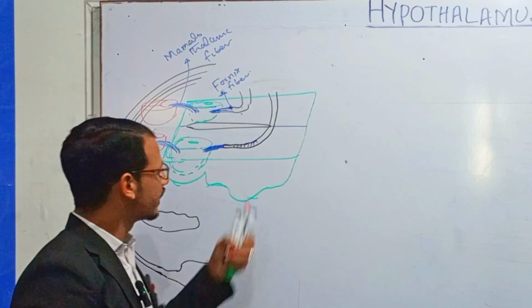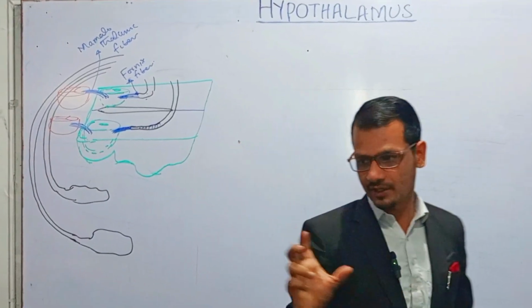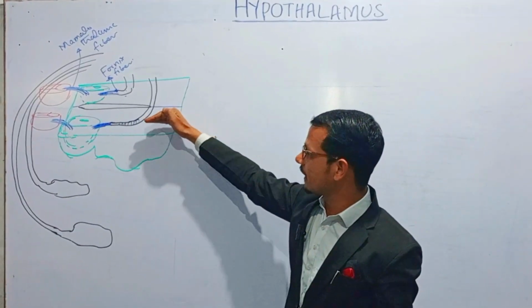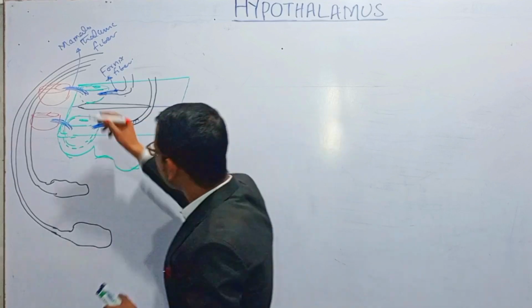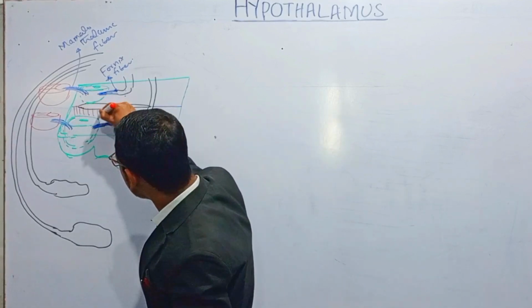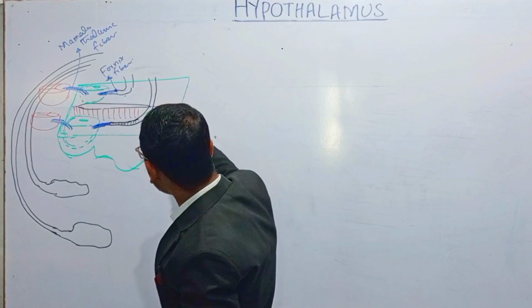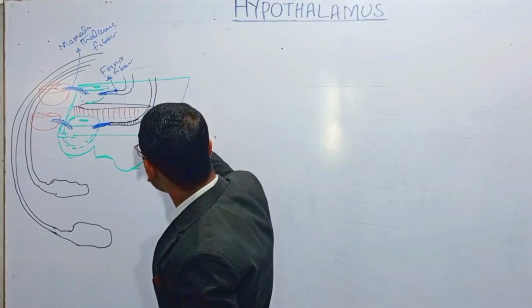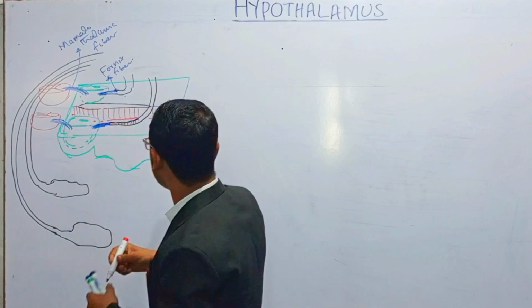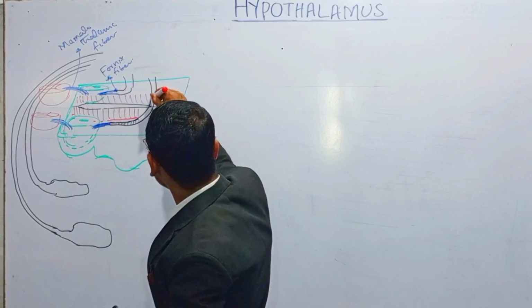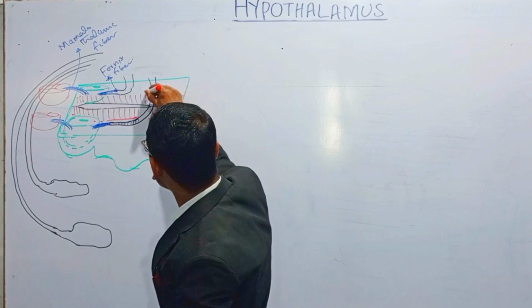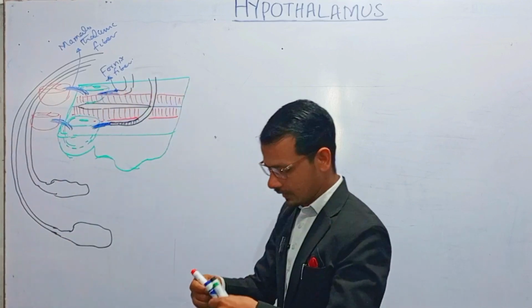What is the importance of this fornix system? It divides the hypothalamus into lateral and medial parts. For example, this is the right medial hypothalamus and this is the left medial hypothalamus, right?